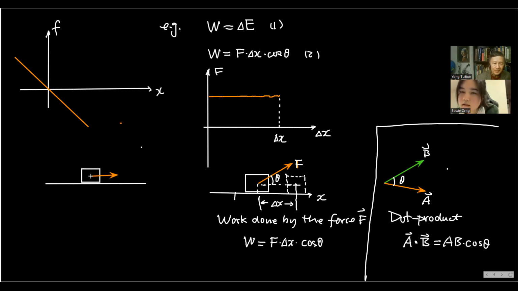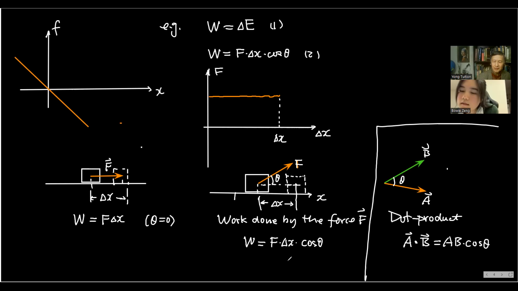This force F, this time I make theta equal to 0. So in this simpler case, if this object is moved by this force by delta x, by definition the work done is simply equal to F multiplied by delta x, because in this case theta is equal to 0.